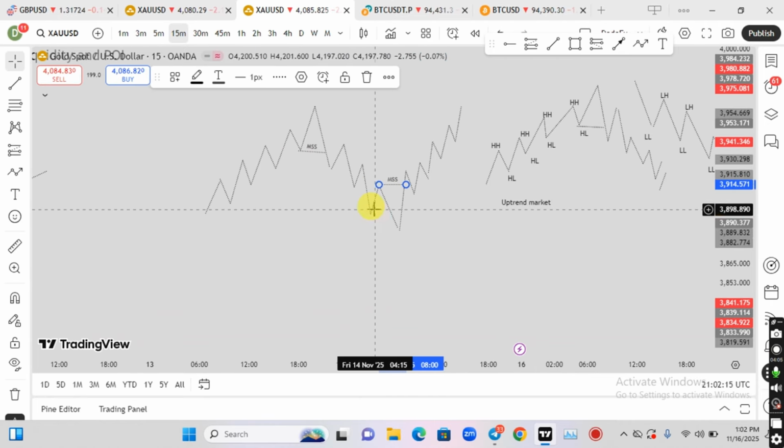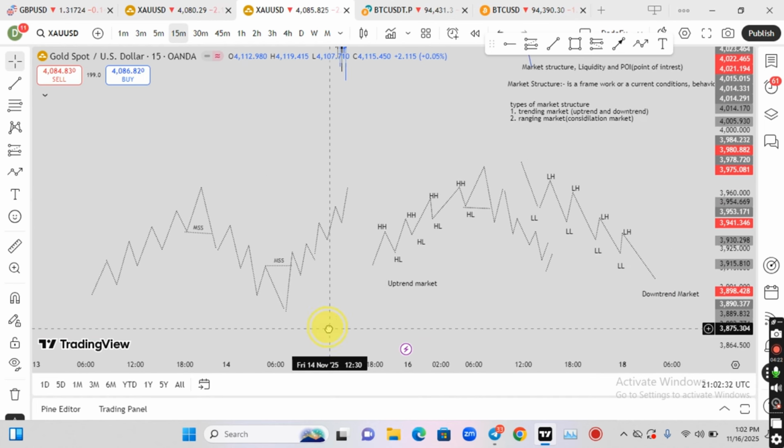After this break of structure, on the first pullback price did, instead of continuing its down sell, it broke this zone. So once price breaks this high here, it's telling you that the market is no longer going to be selling. The market is on a new direction now.